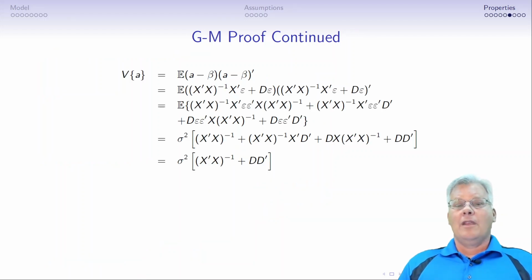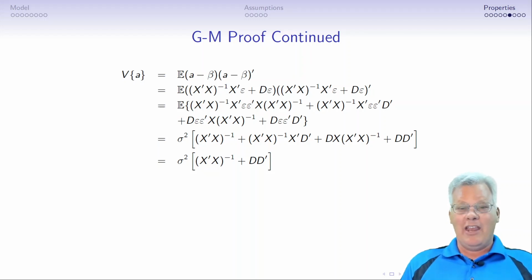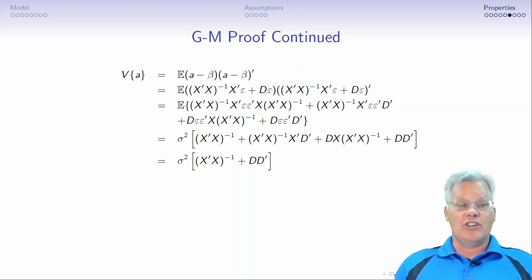Now, if I consider the variance of my new estimator A, I can derive the variance using matrix math, as I did for the OLS estimator.